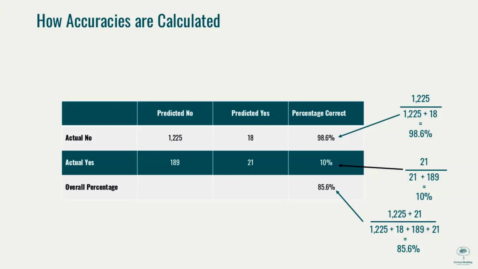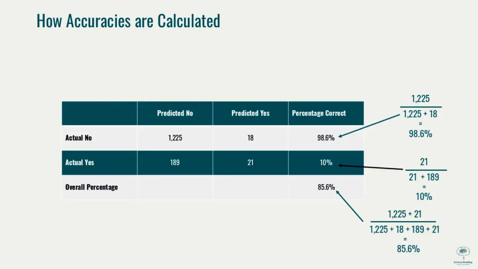So that tells us that we are only at a 10% prediction clip of getting a true positive correctly. So then what we can do from there is take both values, the 1225 and the 21, add those, and then take the actual total, which is the full base, and that gives us our proportion of accuracy. So our total accuracy rate is 85.6%.